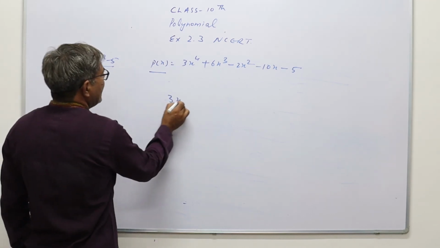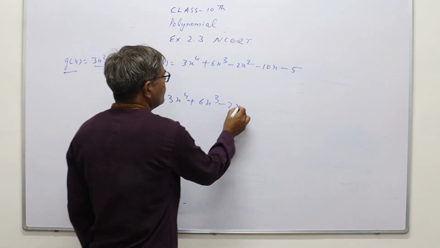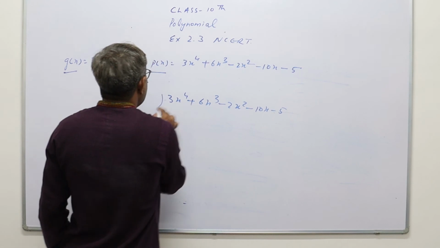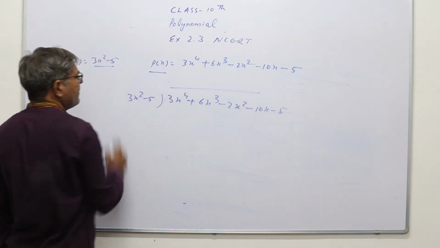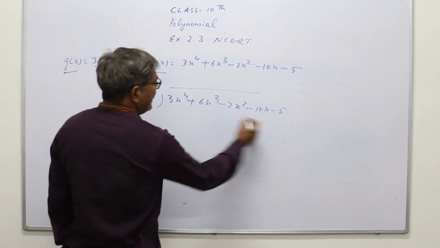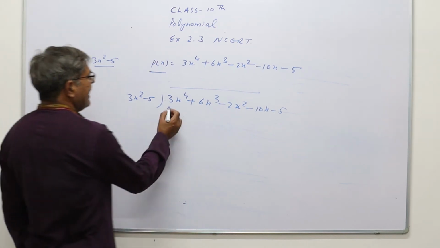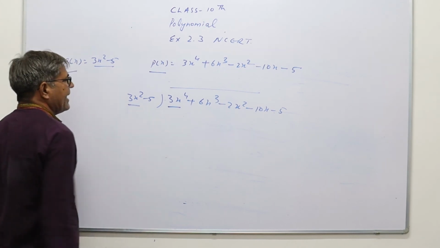So 3x power 4 plus 6x cube minus 2x square minus 10x minus 5 is divided by 3x square minus 5. See here, all the terms are in decreasing order of degrees. In the dividend, the first term is 3x power 4 and in the divisor 3x square.